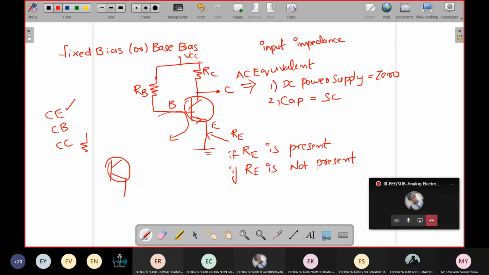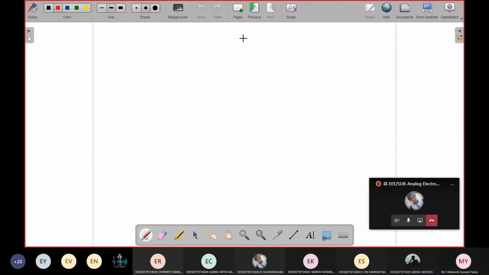This is RB. This is RC. Here it is grounded. This part is also grounded here. Why? Because this is nothing but the DC power supply, which should be grounded, so it is 0. Now write the KVL for this. So I'm redrawing the circuit like this.